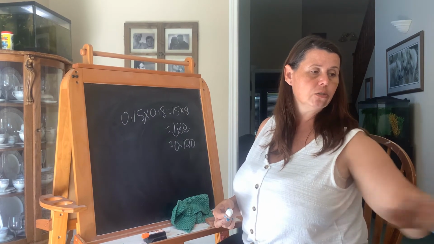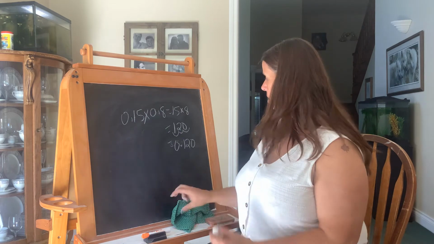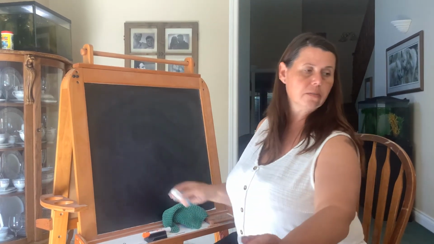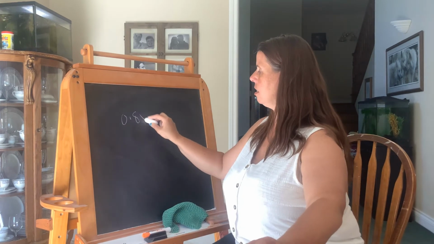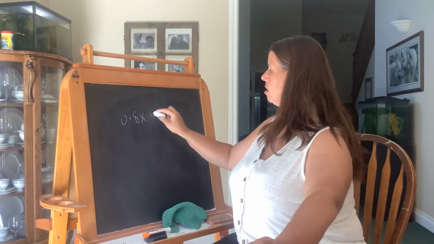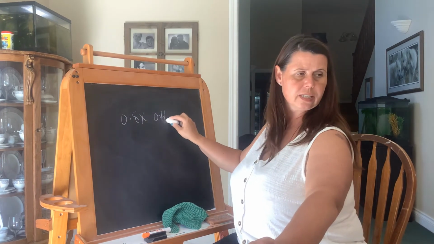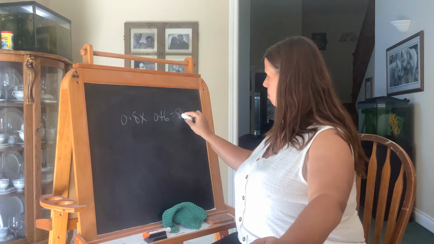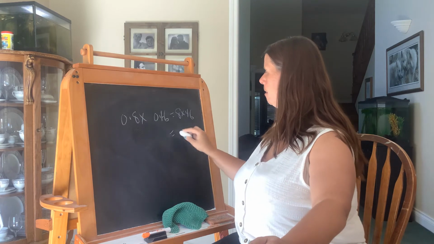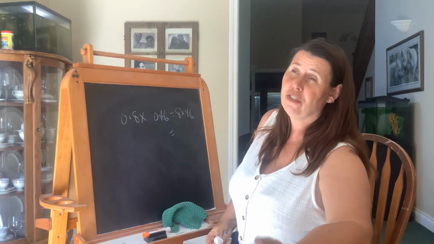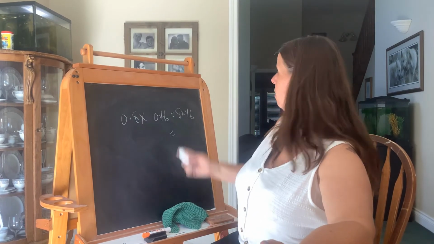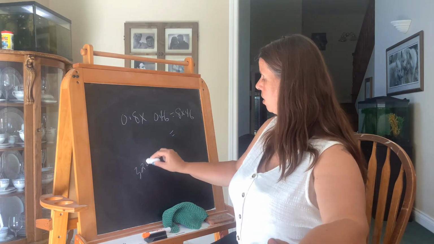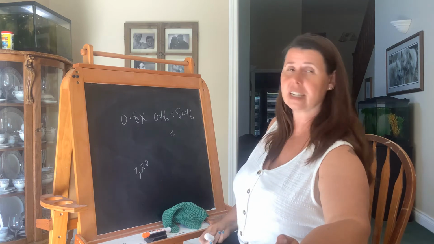And I'll do the last one, just because, why not? Okay, so it's 0.8 times 0.46. Okay. So we're going to pretend they're regular numbers. 8 times 46. All right. 8 times 4 is 32. So 8 times 40 would be 320. I'm going to put that over here so I don't forget. And then 8 times 6 is 48.